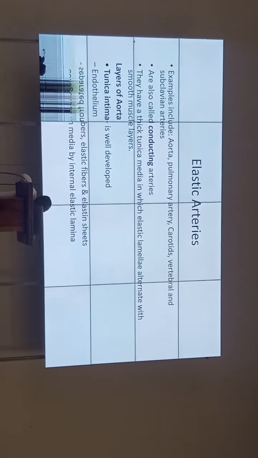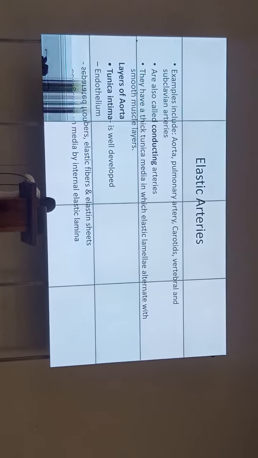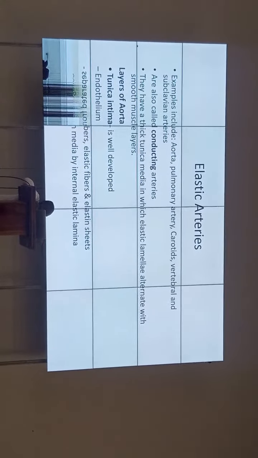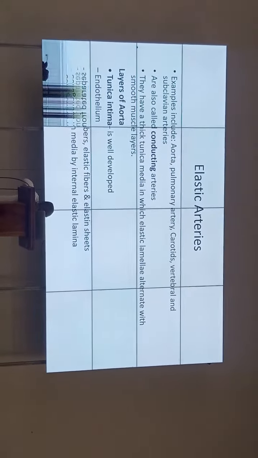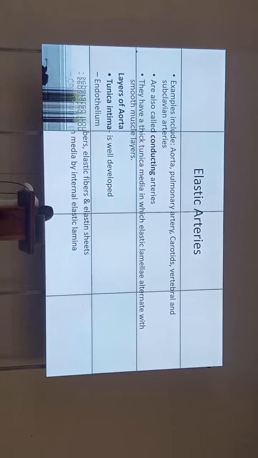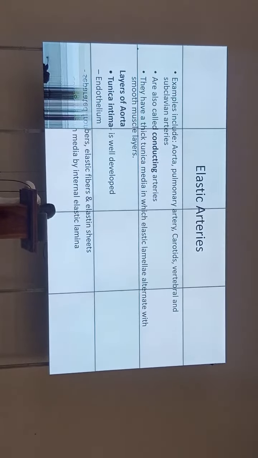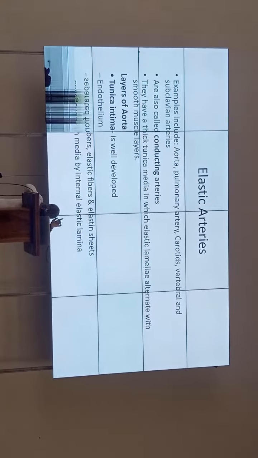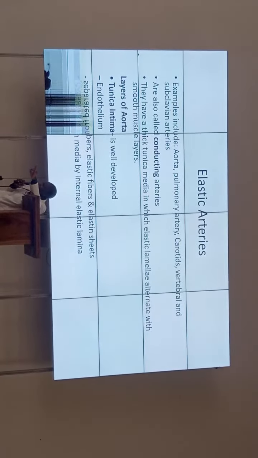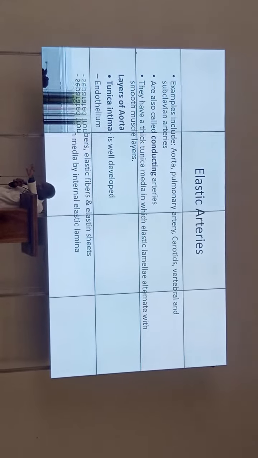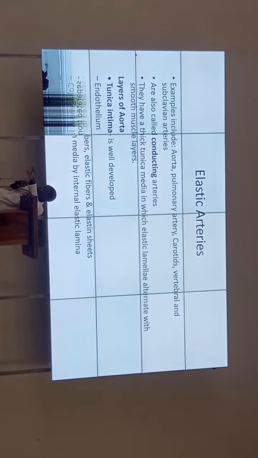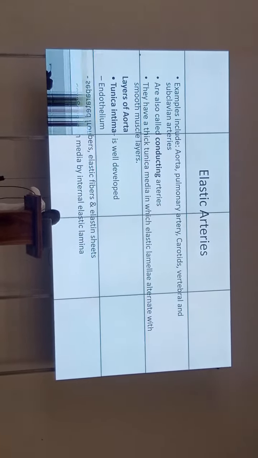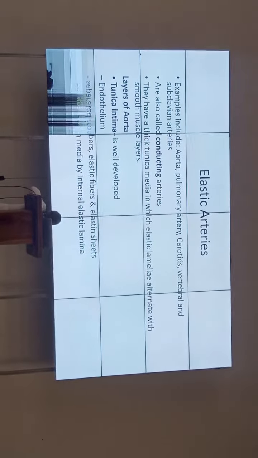So examples of the elastic arteries, I already mentioned the aorta, the pulmonary arteries, the carotids, the vertebral, the subclavian, the common iliacs. All those are elastic arteries. Is that clear?